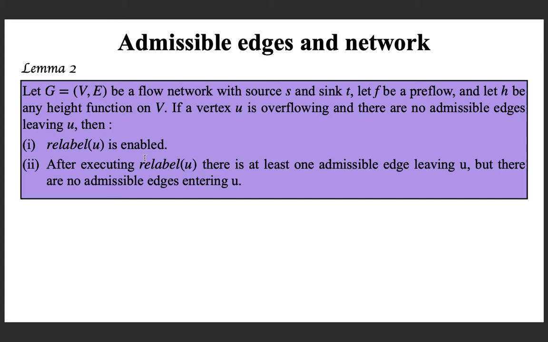Also, if you perform that relabel, after that at least one edge leaving the vertex U must be an admissible edge. That is, you are getting one admissible edge after relabeling so that you can push.